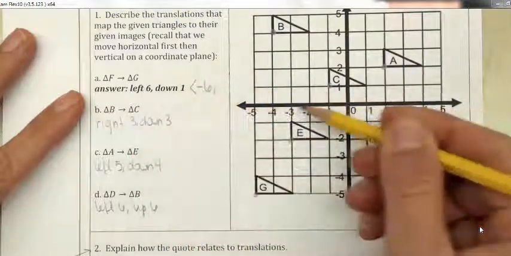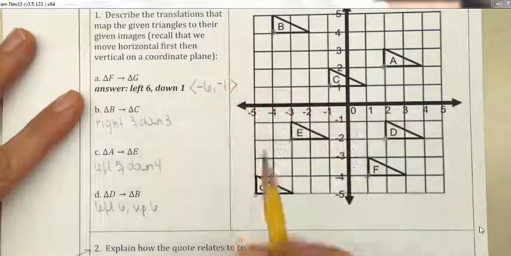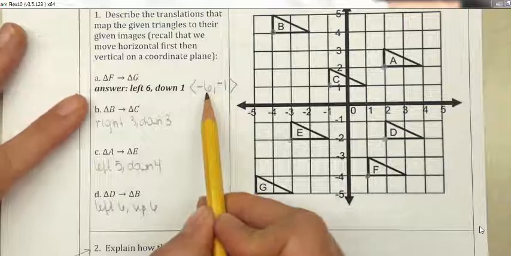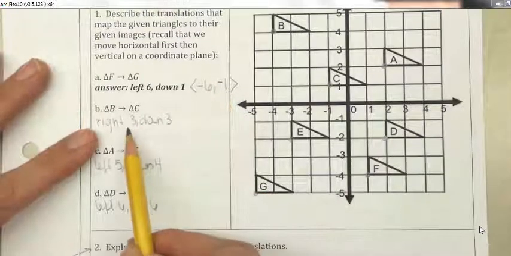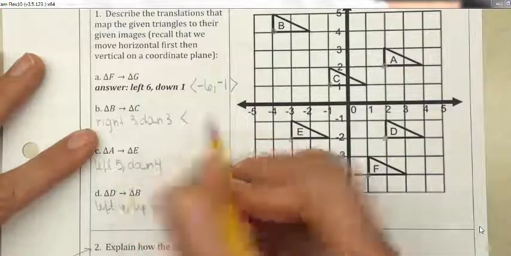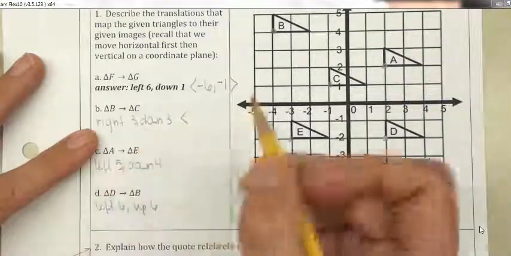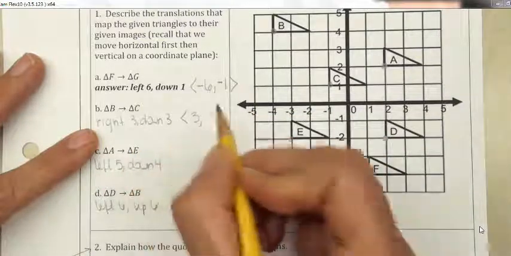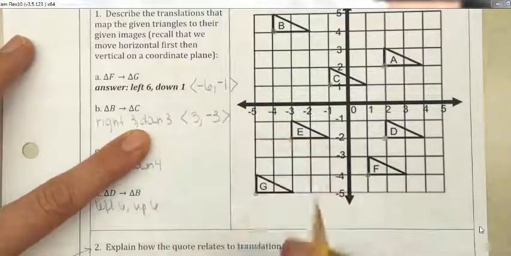Because we went left 6 and we went down 1, so that's a -1. Your horizontal component is -6, your vertical component is -1. If we go right 3 and down 3, what's that vector going to look like in component form? Right 3 is a positive horizontal movement, and down 3 is a negative vertical movement.